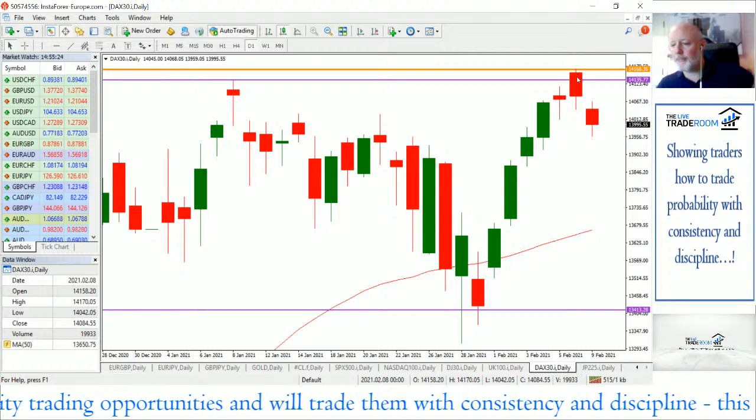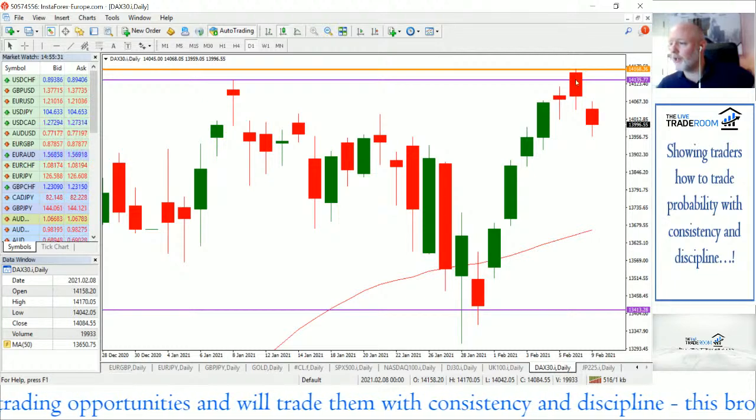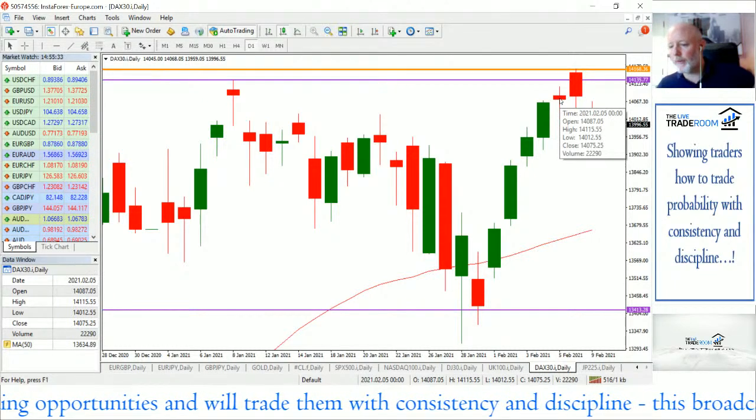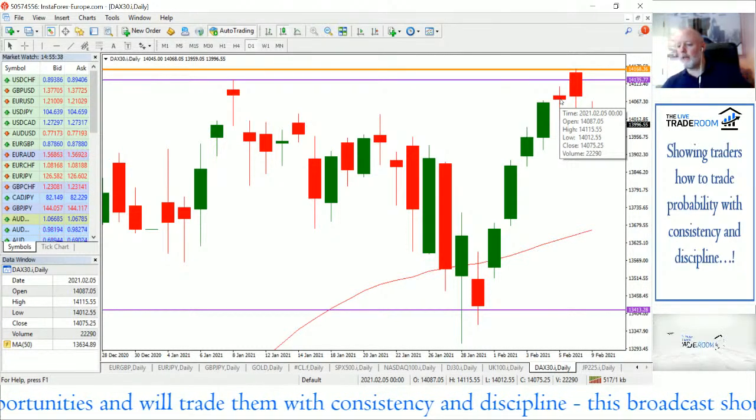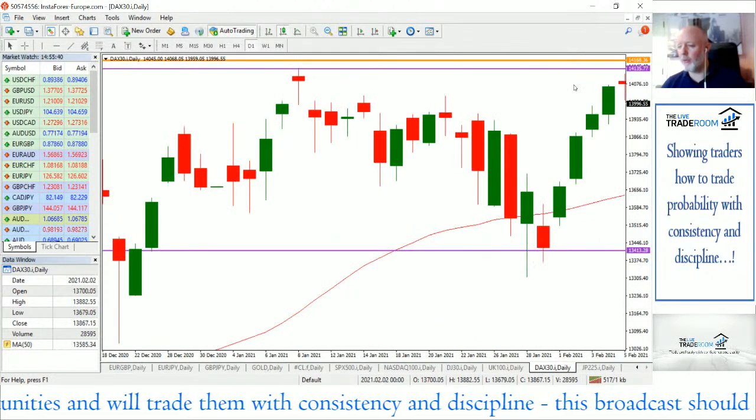So the open in this market was actually 14,158 from a close of 14,075.